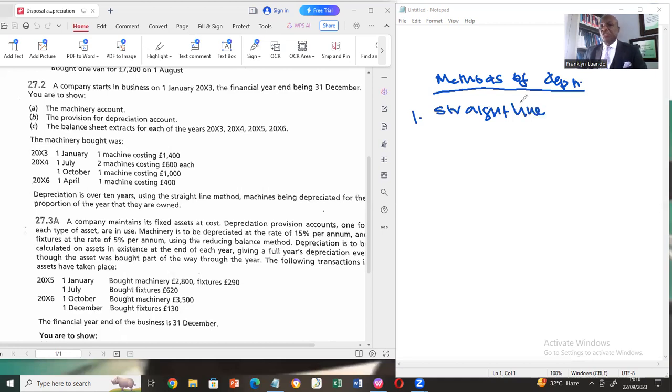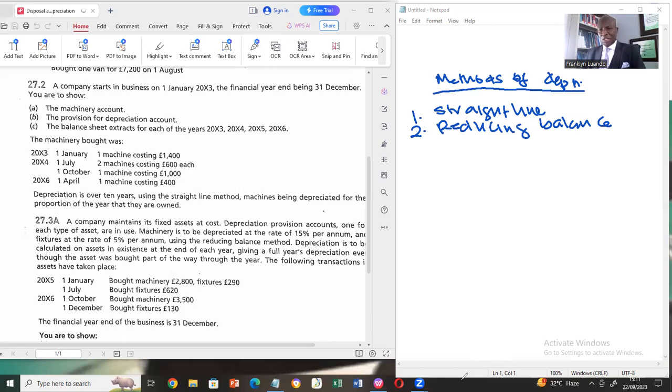The straight line method is also known as the fixed installment method or equal installment method. Then we have the reducing balance method. The reducing balance method is also known as the diminishing balance method.